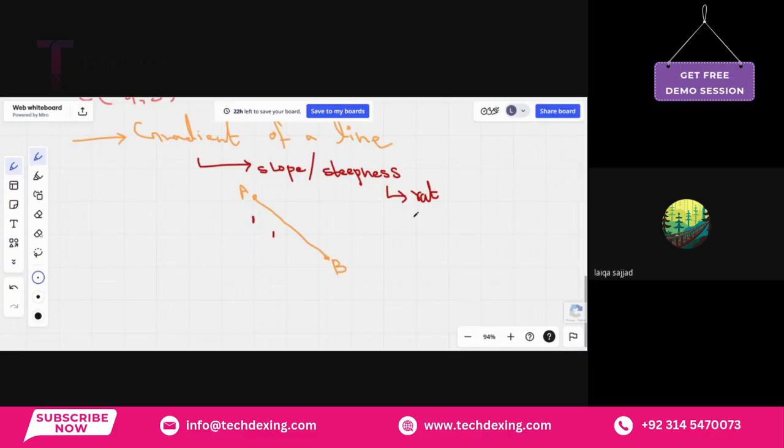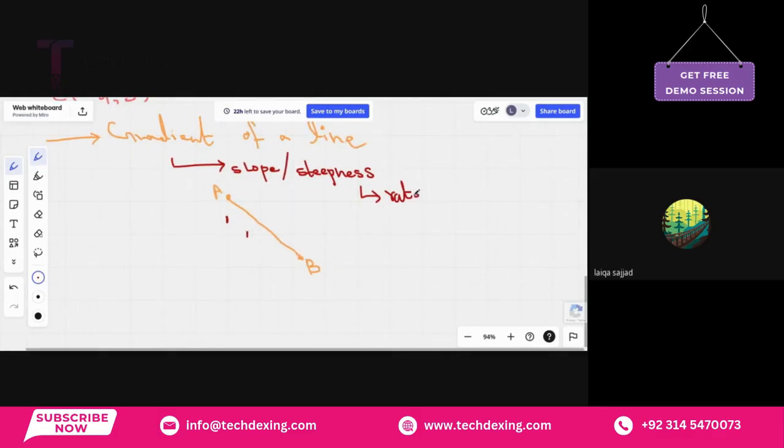This is what this gradient tells. It tells you the rate of change of y with respect to x.